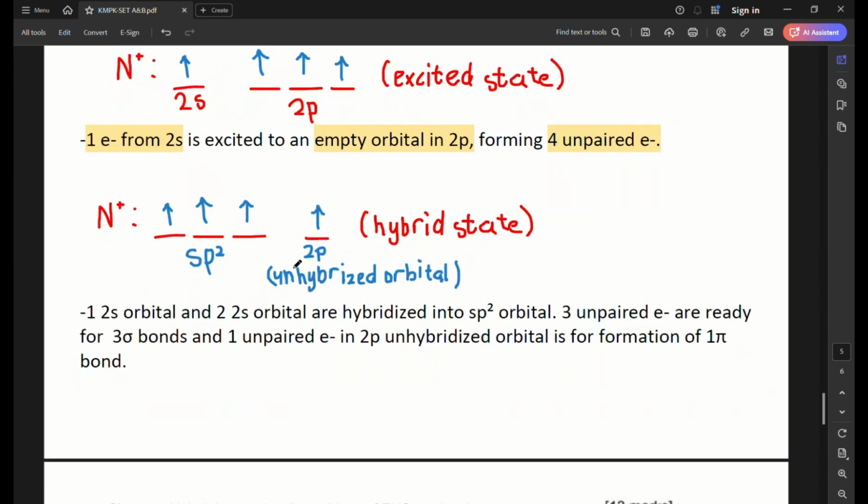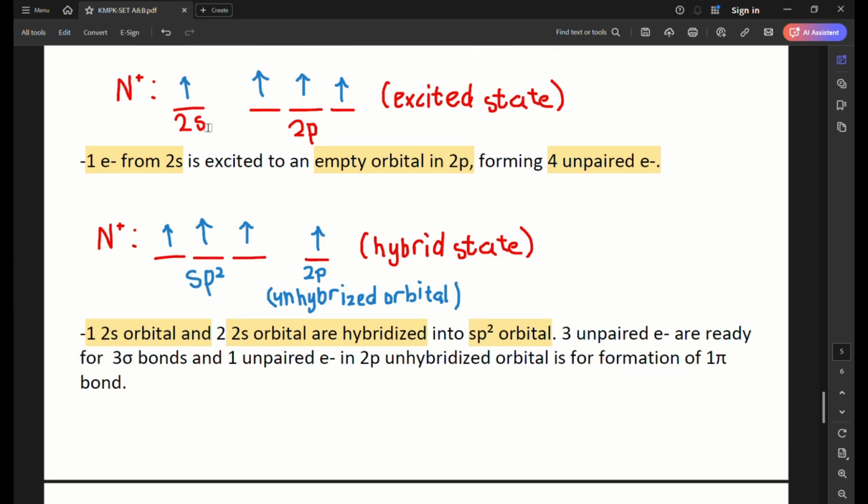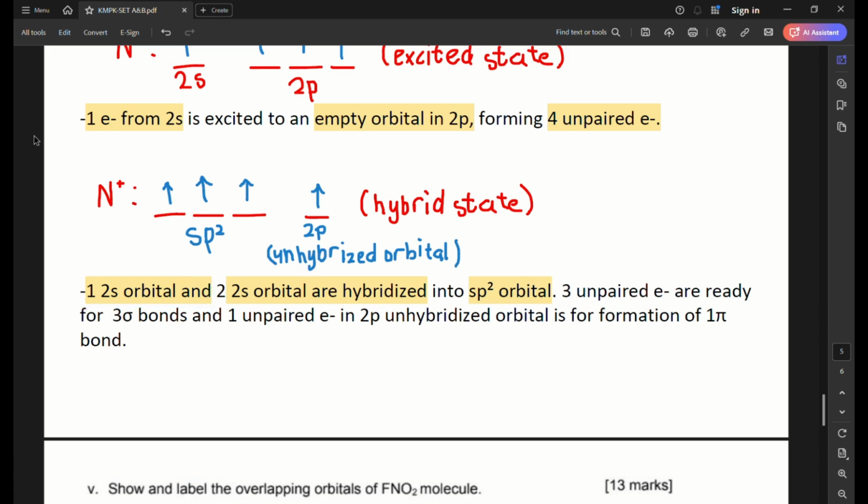So this is sp2, and this is the hybridized orbital, and this is the unhybridized orbital. So 1 2s orbital and 2 2p orbitals are hybridized into sp2 orbitals. That should be 2p, by the way.